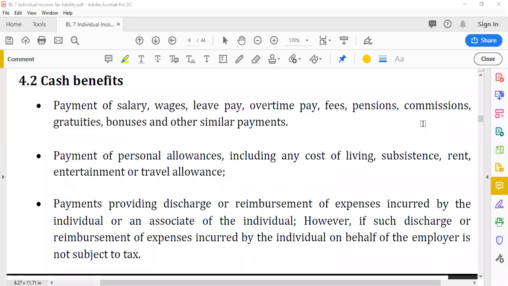And fees. What do you mean by fees? If you are getting service from a doctor, do you pay salary or wage or fees?